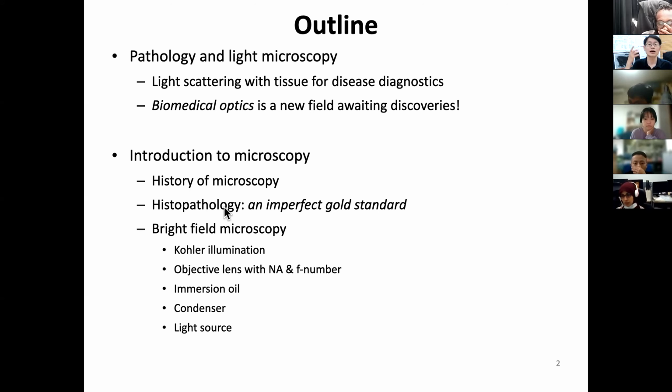So that's when your daddy or your grandparents go to the hospital saying, oh, I got this disease, diagnosed. And that's an imperfect gold standard. Why did I put imperfect? It's limited. And there biomedical optics may be able to help. So that's my point. And we'll discuss a very simple technique today.